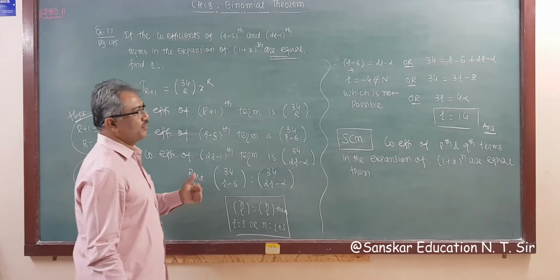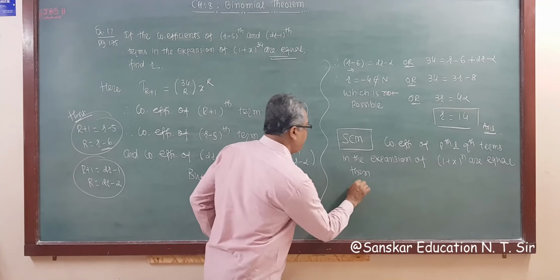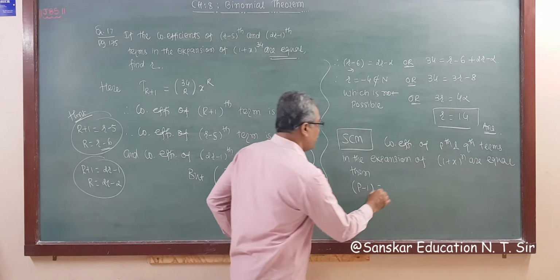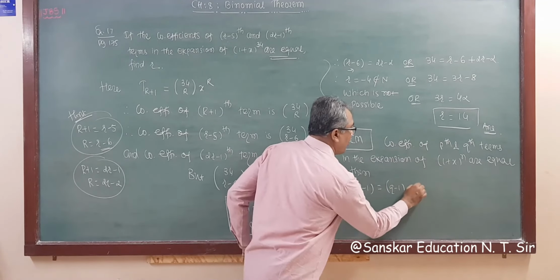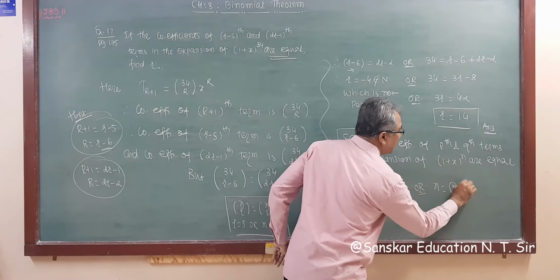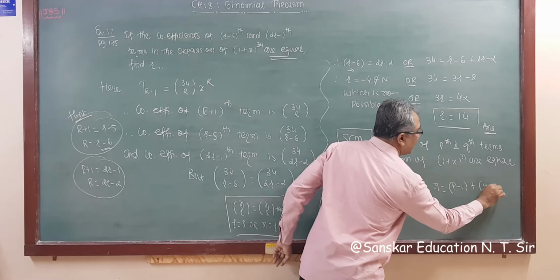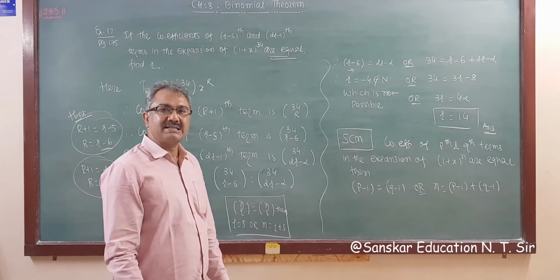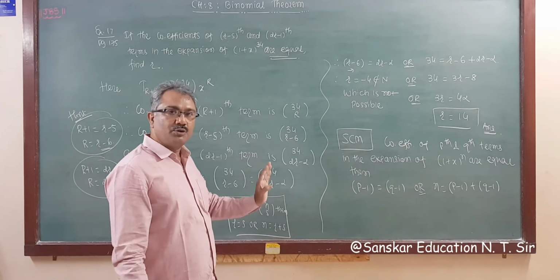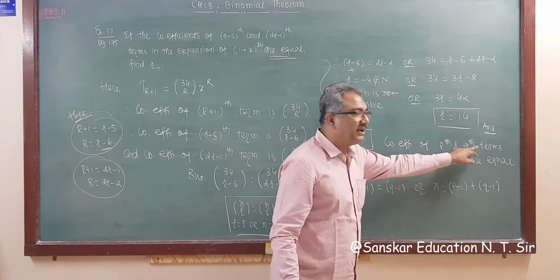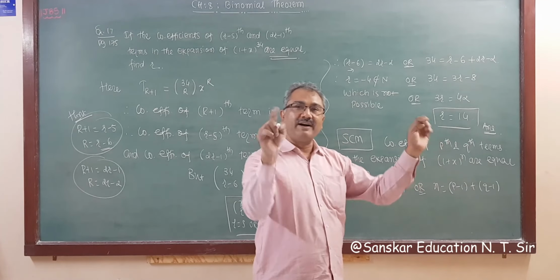Take p minus 1 is equal to q minus 1, or n is equal to p minus 1 plus q minus 1. Nothing more to do, right? For the coefficient of p and q terms, you have to take one r less.